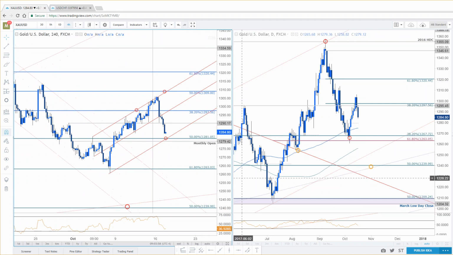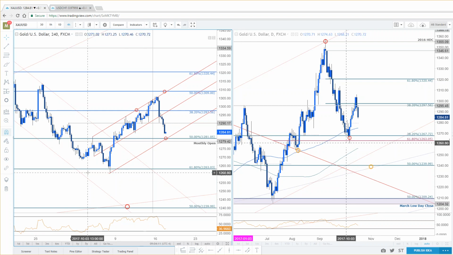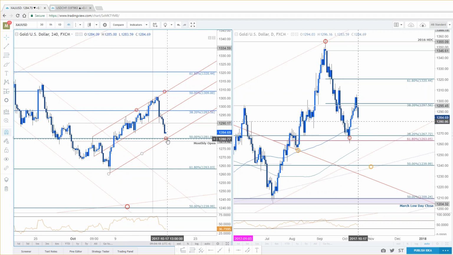Again, if you're not on the short side, don't do anything here. If you are short, I want to start to look to clean up that book a little bit as we get into 1280. Don't wait necessarily until 1279. 1281 is the upper part of that zone, the 50% fib. In fact, you also have these former swing highs, which are a little bit higher at 1282, but you get the picture.